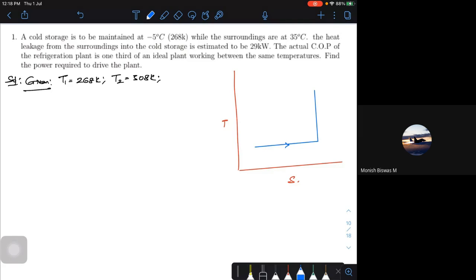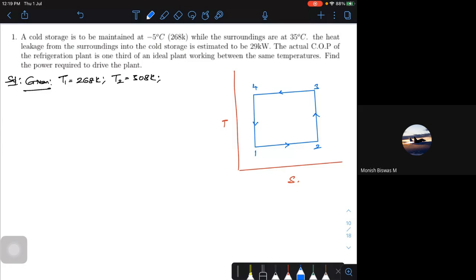From 4 to 1 is evaporation, 2 to 3 is my compression. Then we have the condensation where we reject the heat, and then the expansion from 4 to 1.